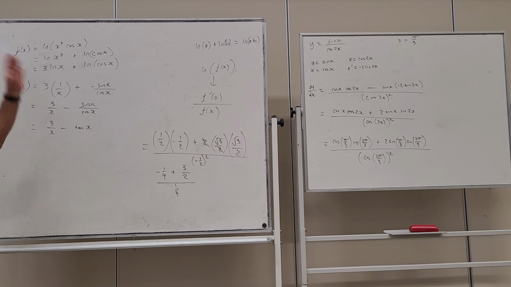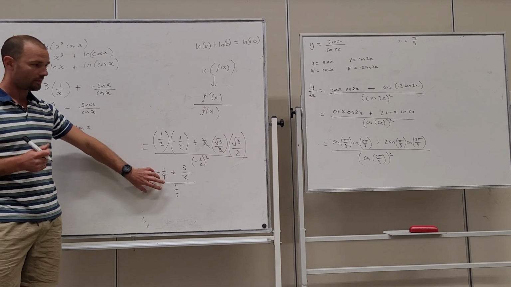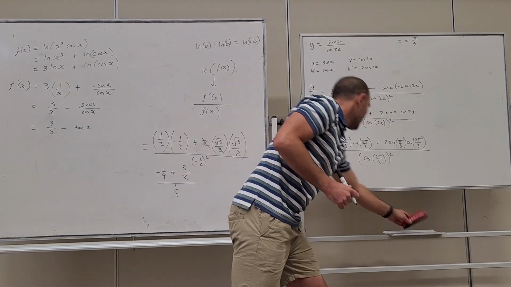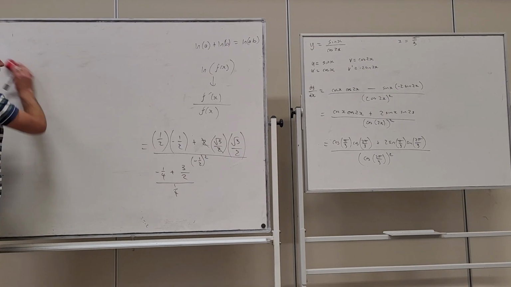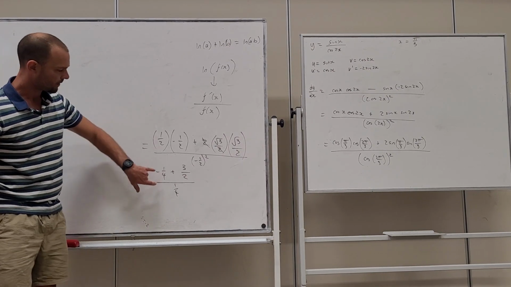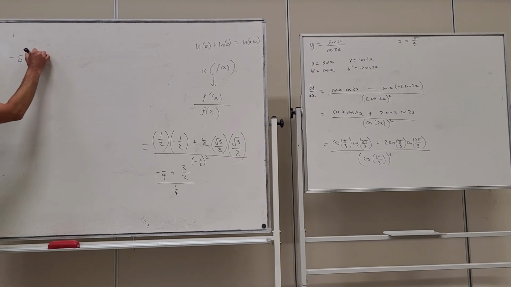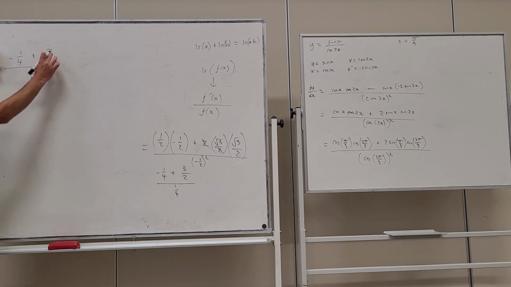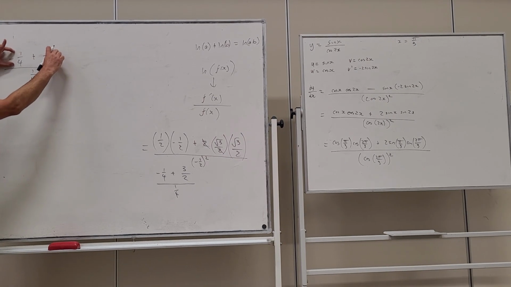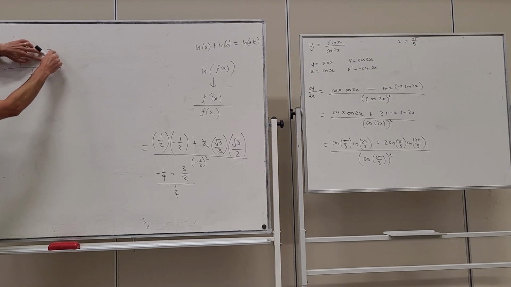I should have made more space. Okay, so we need to simplify this using fraction operations. We have minus a quarter plus 3 on 2, on top of a quarter. Now if we're going to add them together, these need to have the same denominator. So I'm going to multiply this one by 2 on top of 2.